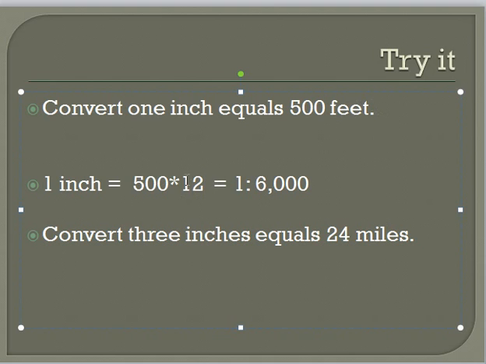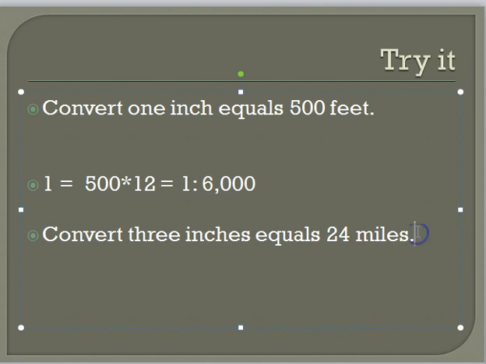There are 12 inches in every foot, so I'm going to multiply 500 times 12, and I have 1 inch equals this many inches. And then I'm going to remove the units because they're the same, and my ratio scale then is 1 to 6,000.